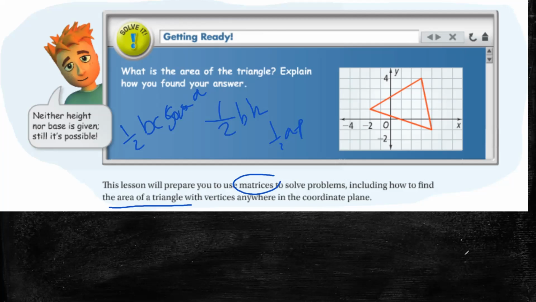It is beneficial for our lessons in geometry. I give you the coordinates of the triangle, like this here, and you have to find the area of the triangle using the matrices.